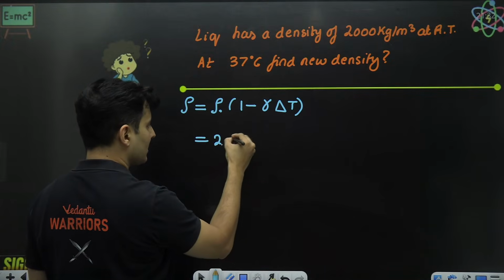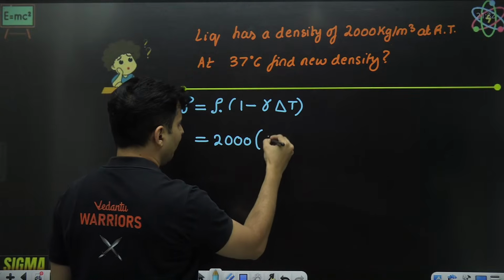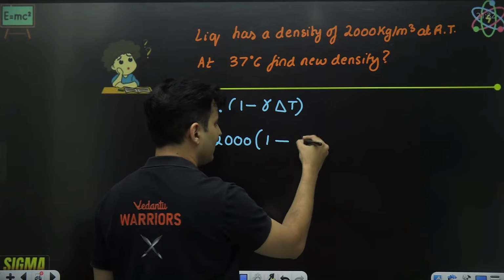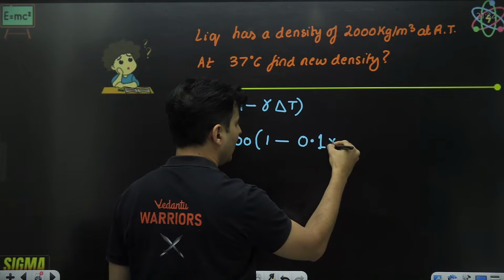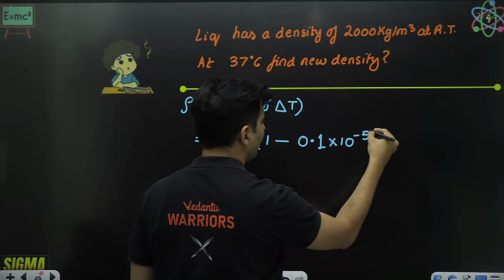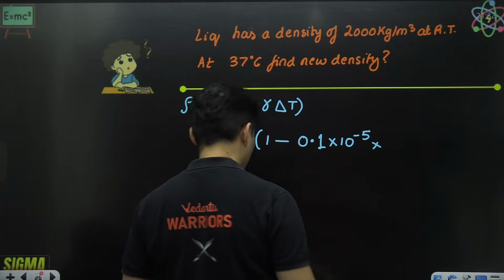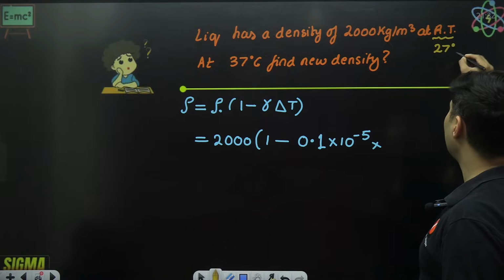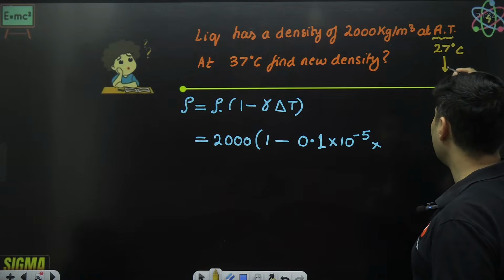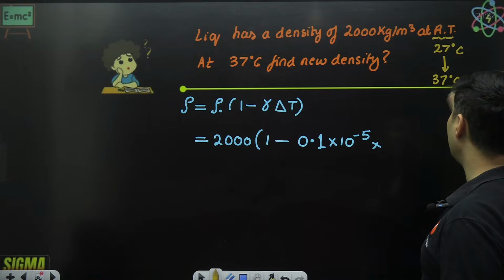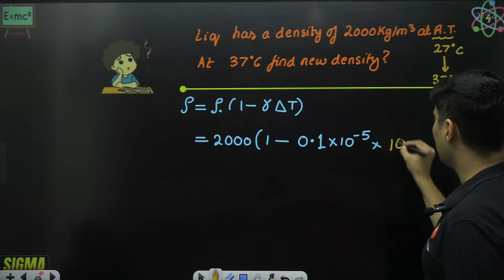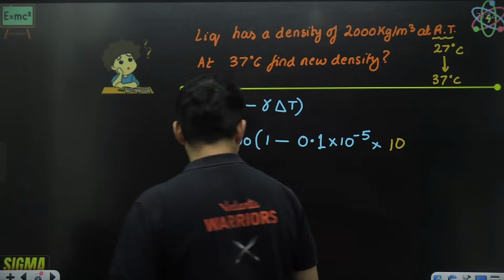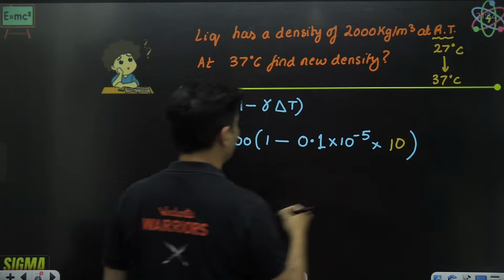Original density is 2000, 1 minus gamma, which is 0.1 into 10 to the power -5, into the change in temperature. Think about it: room temperature means 27 degrees Celsius, and to take it to 37 degrees Celsius, the change in temperature is just 10. So we just have to multiply it with the number 10.